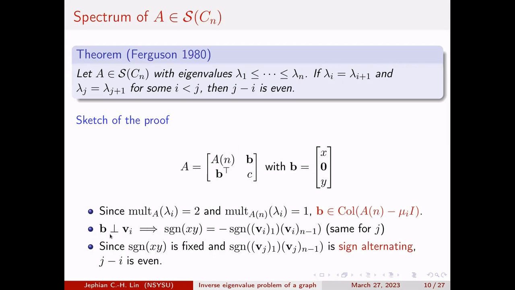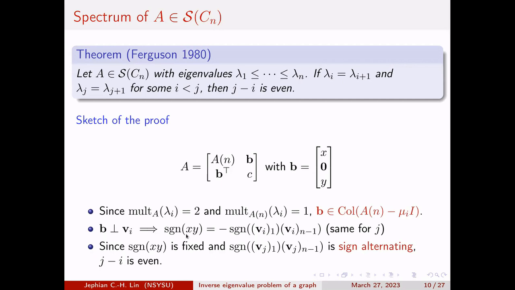And this happens only when V I has a nonzero first entry and last entry, because B has a special form, X and Y. So when you multiply B and V I, the inner product is only X times V I1 plus Y times V I N. So the sign of V1 and VN minus 1 is a special sign.